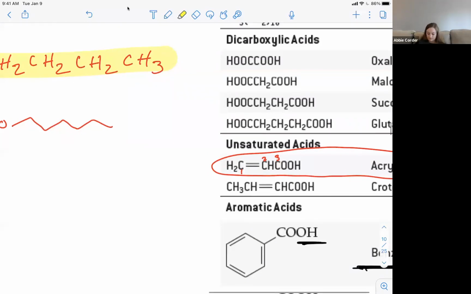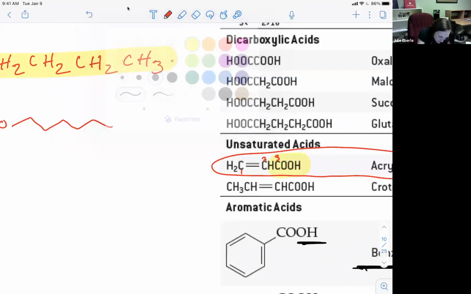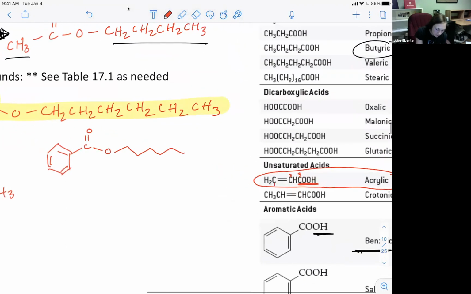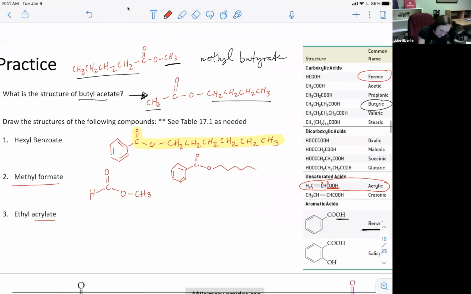This part right here, this is your carboxyl group. So focus on that. I'm going to draw that first. That's carbon 3. Now I got to draw the rest of this on the left side of that. So I've got a bond to a carbon.